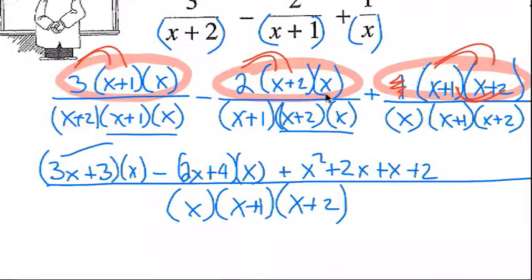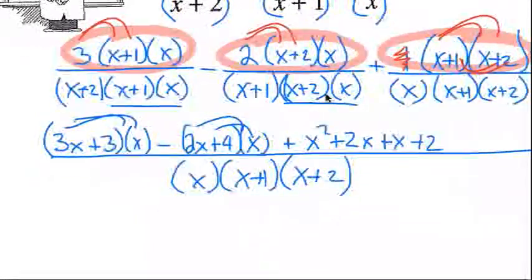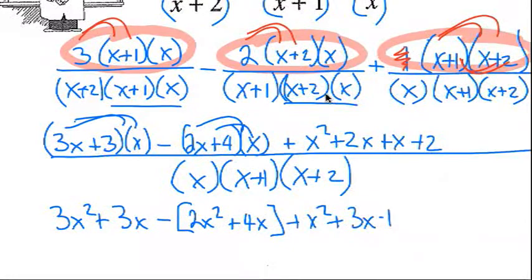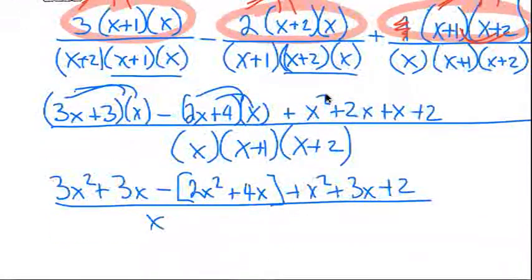Now I'm going to bring this in. I'm going to bring this in. I'm going to combine like terms. 3x squared plus 3x minus, I'm going to leave a bracket here because I have my 2x squared plus 4x that I still have to multiply by a minus 1, plus x squared plus 3x plus 2, all over x, x plus 1, x plus 2.